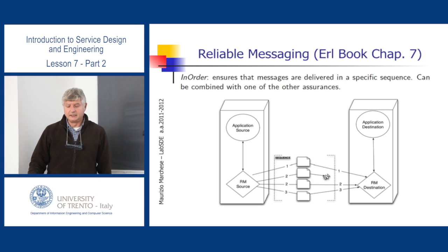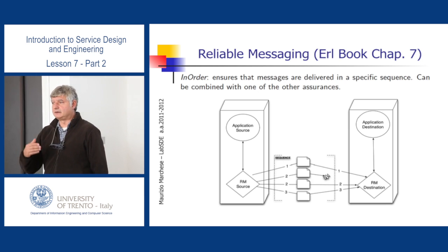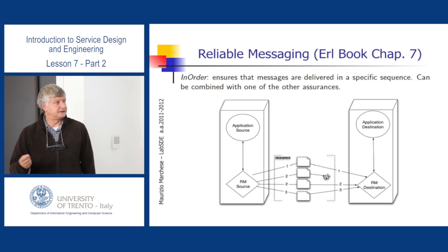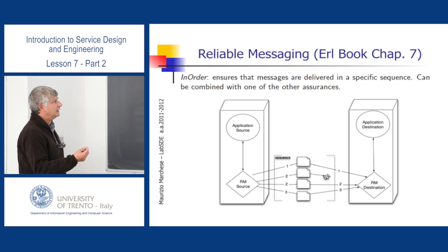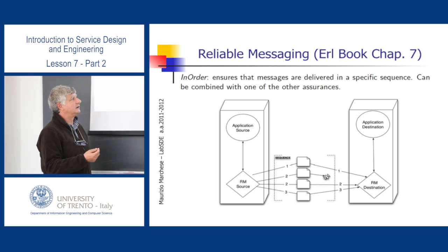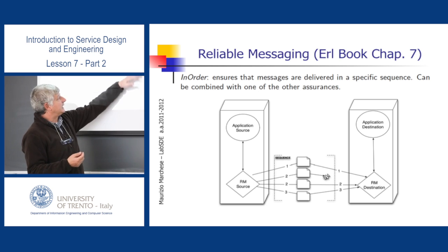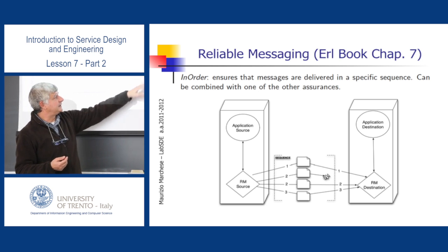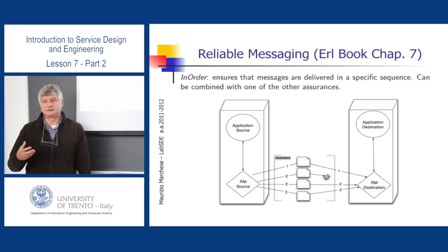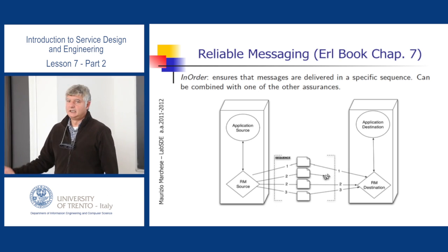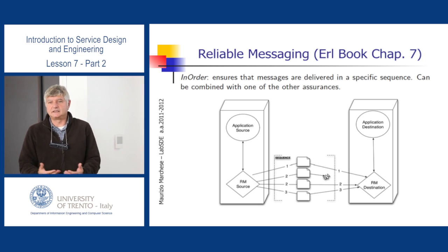The previous ones are related to the single message. The last one is in order, because you want a sequence of packages that are delivered in order. If one of them has not arrived in the proper order, then you have some information that this has happened.